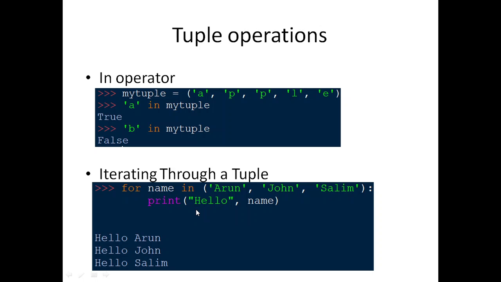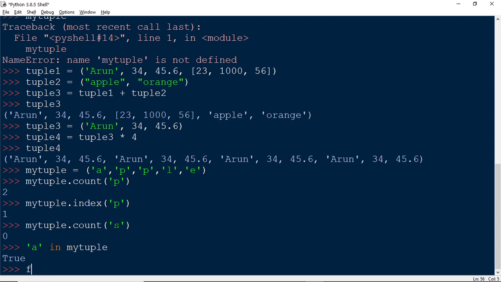Okay. Now, next thing is iterating through a tuple. If you want to iterate through a tuple, you can use a for loop: for name in, and then some names, Arun, Alan, and Salim.